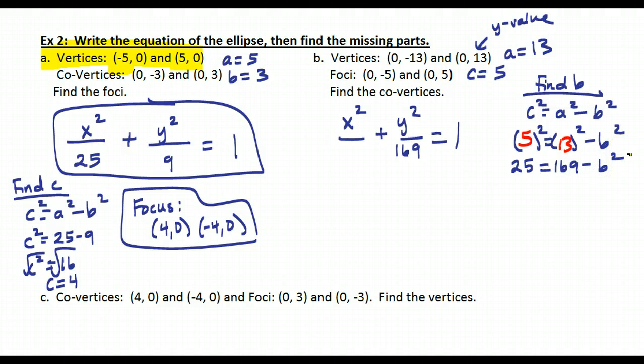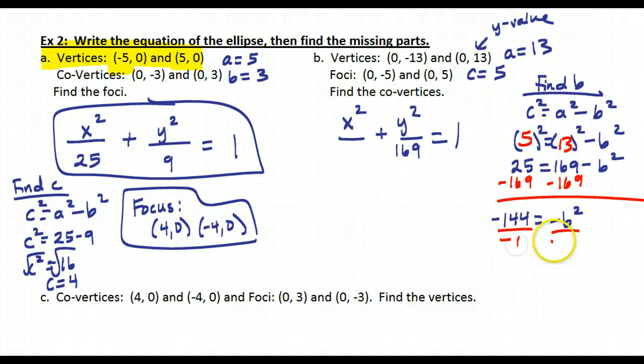You don't have to do the extra step in the middle. Okay, let's solve for b. So, subtract off 169. I end up with negative 144 equals negative b squared. Divide by negative 1. Okay, you know what? b is 12. And also, b squared is 144, which is what I needed for that anyway.